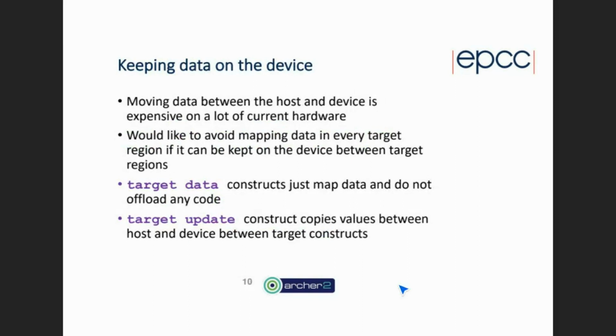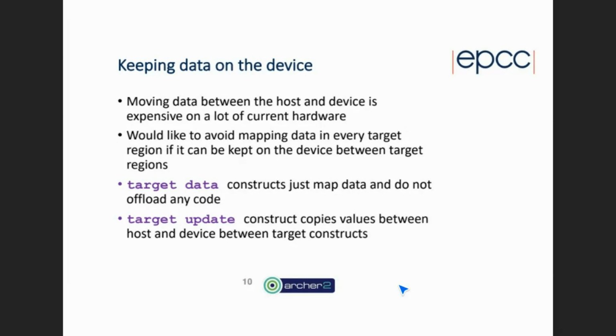Okay, so keeping data on the device is important because on current hardware, moving data between the host and device is really expensive. So we'd like to avoid having to map data for every target region, if we're able to keep it on the device between target regions.